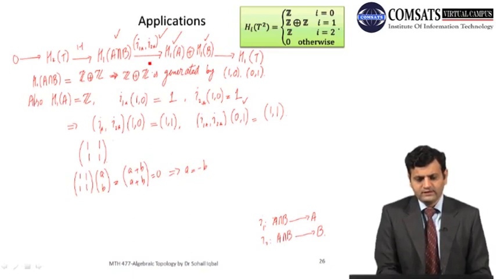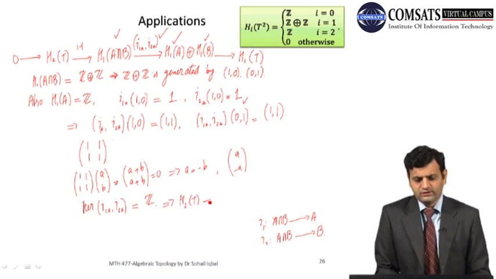So in other words, when we take b equal to minus a, then in this Z plus Z, this is just one copy of Z. So we can say that the kernel of I1 star and I2 star is equal to Z. The image of this is equal to the kernel of this, so that's why we can say that H2 of T is isomorphic to Z.